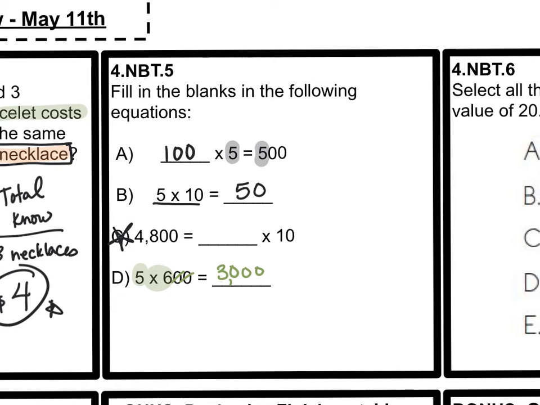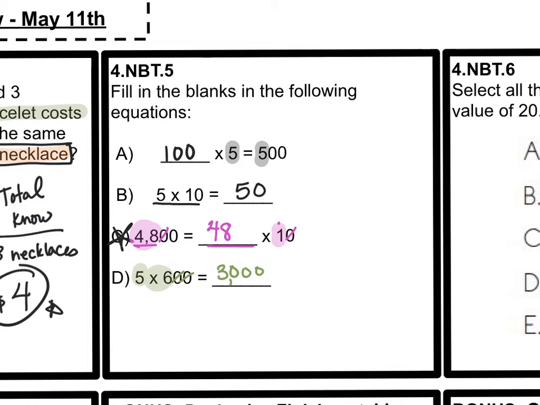When you look at C, I'm going to take out the zeros, and this is a 48, and I see that I have a 10 here. So actually, I'm going to backtrack, and I'm going to say 1. So my first step is to think, okay, 1 times what is going to give me 48? So 1 times 48 gives me 48. I have 1 zero here because of the 10, and I have 1 zero here.